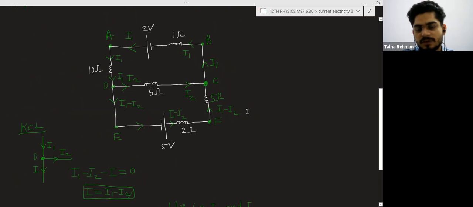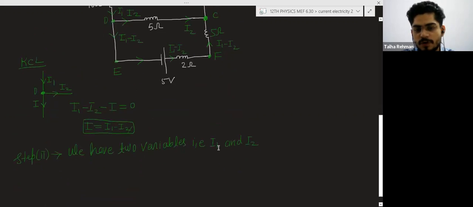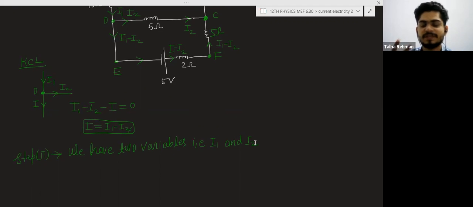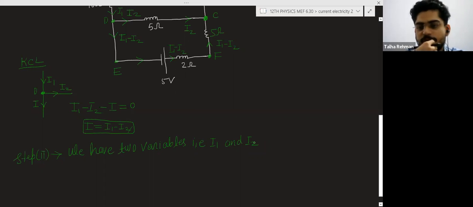We do not know the value of I1 and I2. So for finding the value of two variables, I1 and I2, at least two equations should be there, and with the help of KVL we can form the equations.